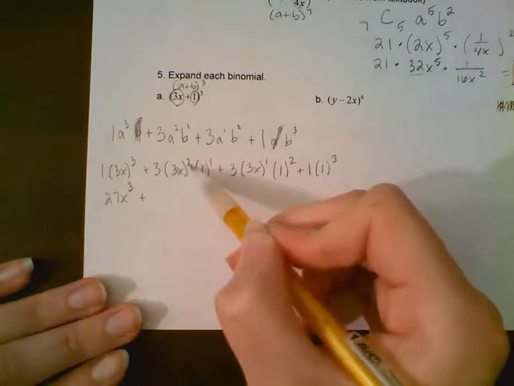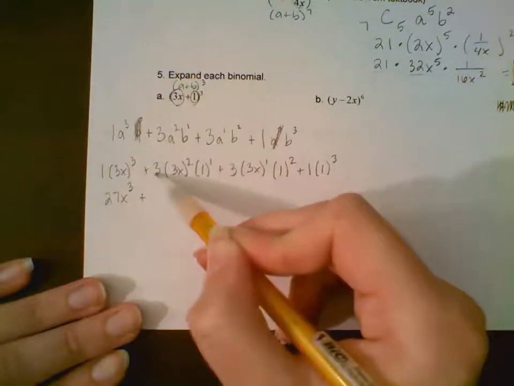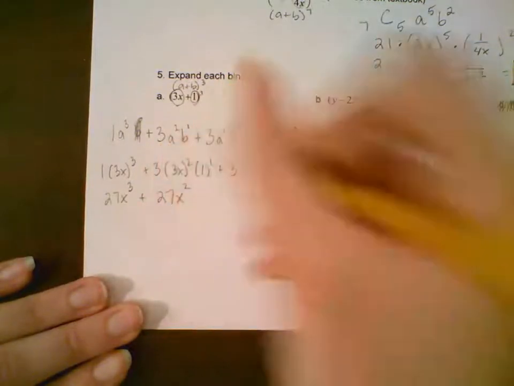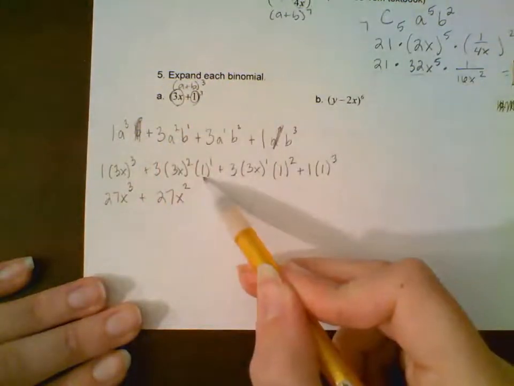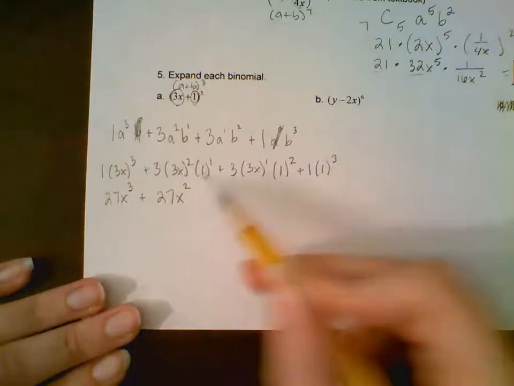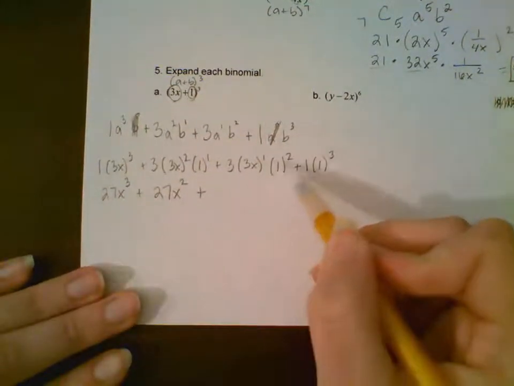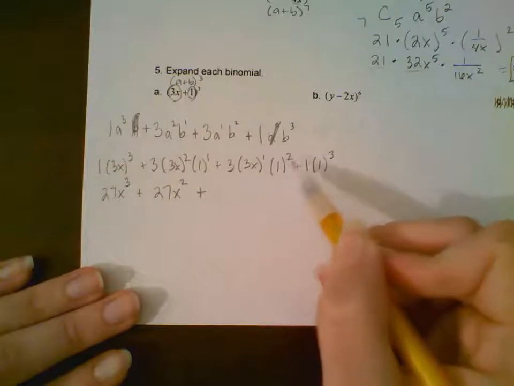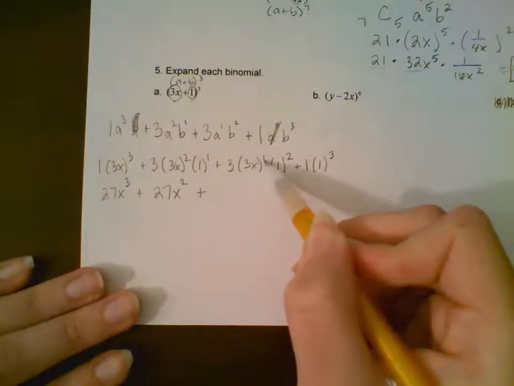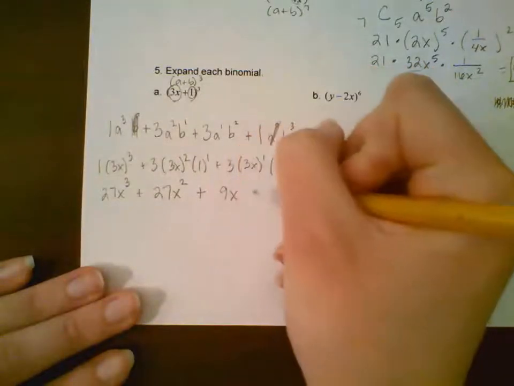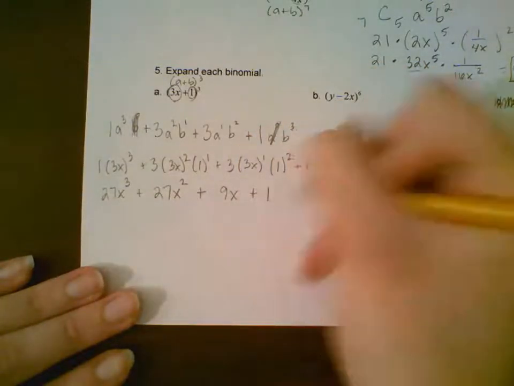So 3 squared is 9, and then 9 times 3 is going to give us also 27x squared. I would multiply it by this one too, but multiplying by 1 doesn't really do a whole lot. Our next term, this exponent, again, really doesn't change anything since that's just a 1. This exponent doesn't change anything, so I'm just multiplying 3 times 3x, so we get 9x. And the final term is just a 1.